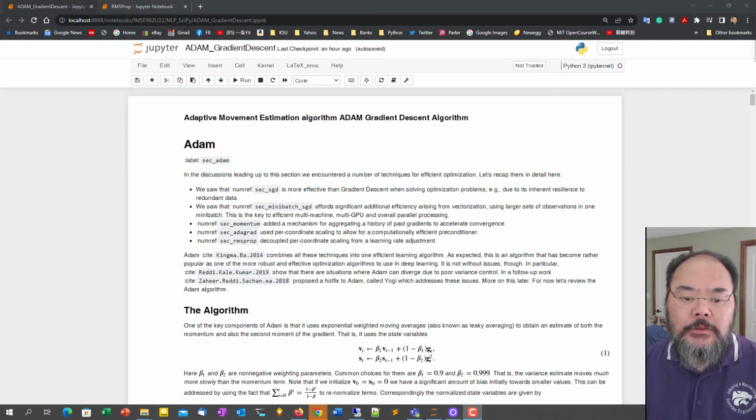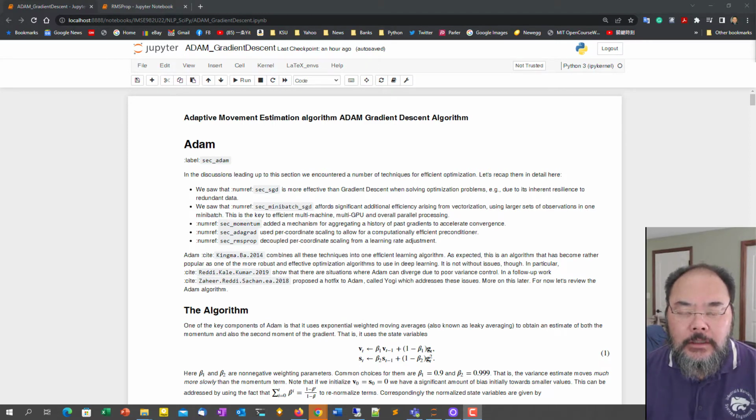The third one we'll talk about is the adaptive gradient algorithm. Then we try to improve Adagrad using RMSprop, which uses the root of mean square errors as one of our gradient corrections, actually momentum and gradient correction.